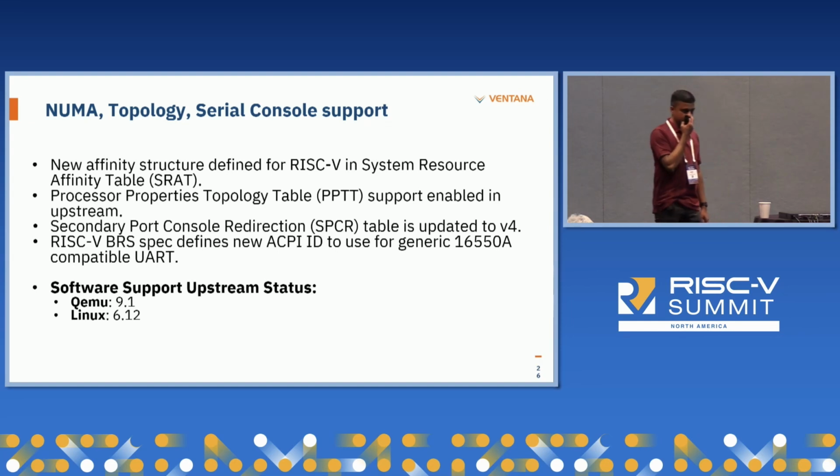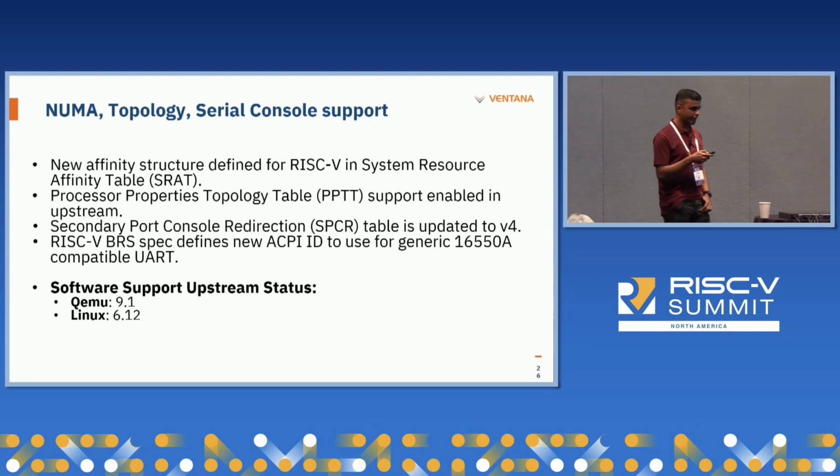Okay, a few more things like NUMA. For NUMA, we have two tables in ACPI for NUMA support: the system resource affinity table and the system locality information table. Both of them are mostly platform neutral, except we had to introduce one more structure for affinity of the local interrupt controller. That is introduced and approved.